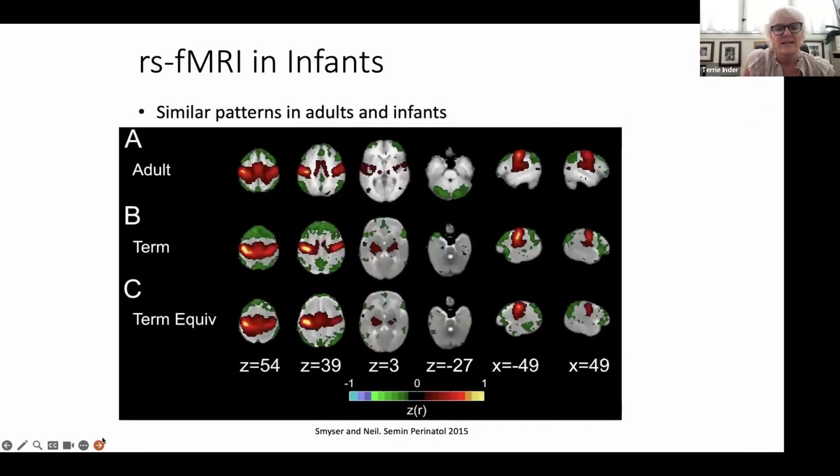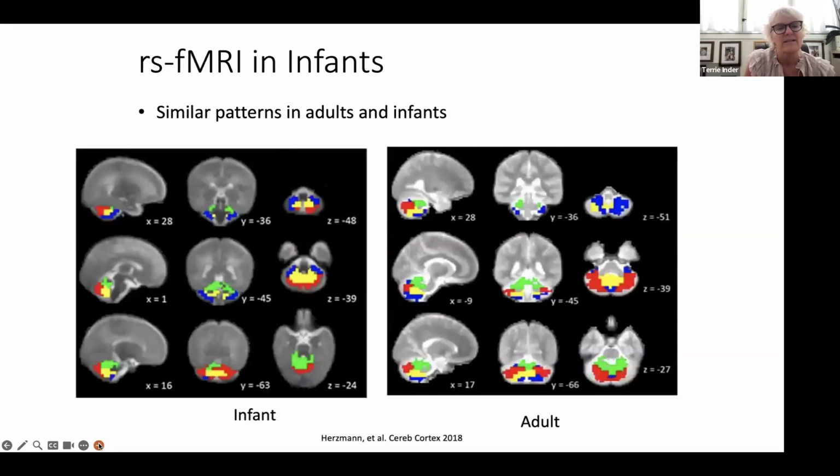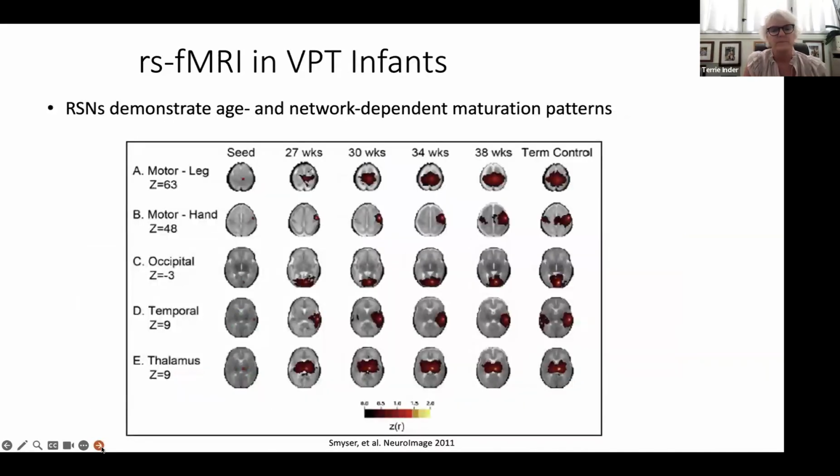And you can see that here, that when we look at the adult and the term brain, there's striking similarities about the way the brain is already organized at term equivalent, just emphasizing how important it is that we get it right in the neonatal intensive care unit, because there are these dramatic similarities, whether it's supratentorially or infratentorially in the cerebellum.